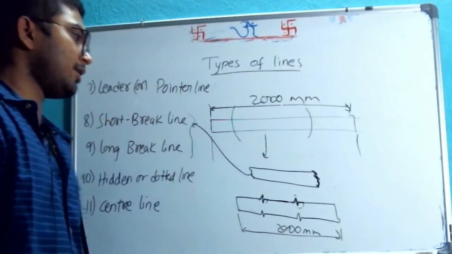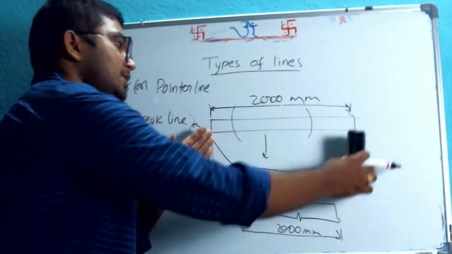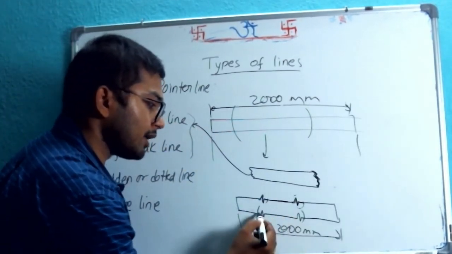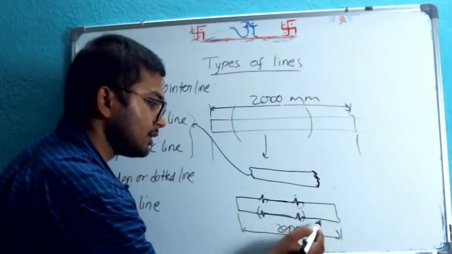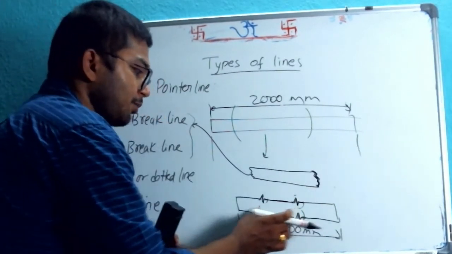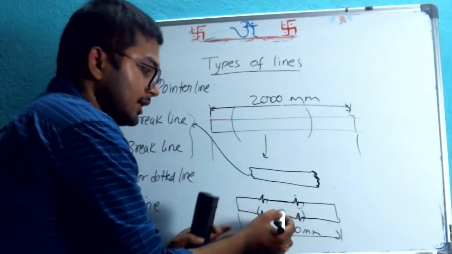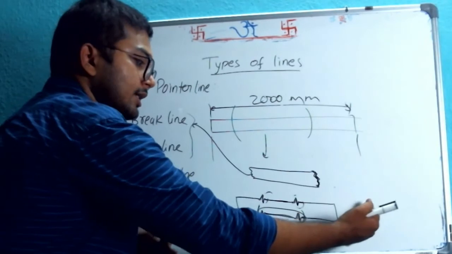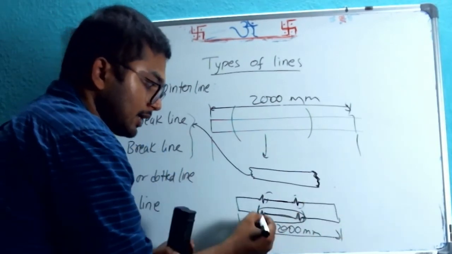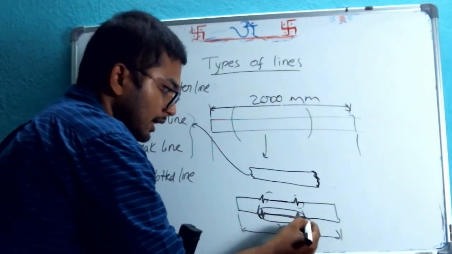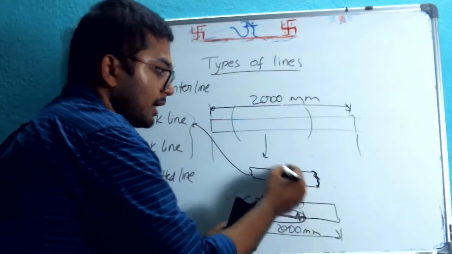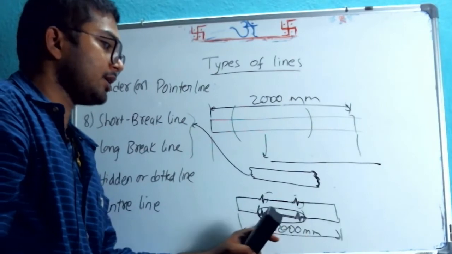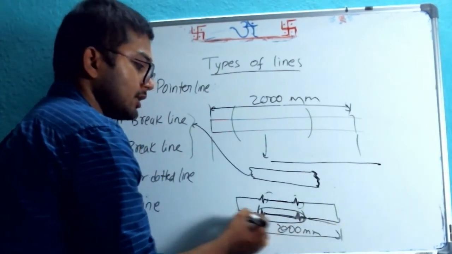But you will be wondering, here 2000 mm represents this much length and here this much. Why? Because this part, when I am breaking it here like this, I am reducing it. That means this is a broken part. Actually, it is not this much. This portion is actually of more length. That I am representing by this wave at the ends. This original part will be something like this much length. The remaining part remains as it is outside.